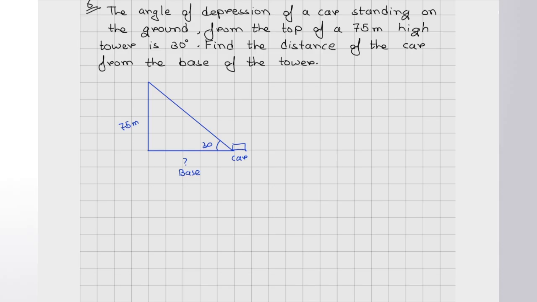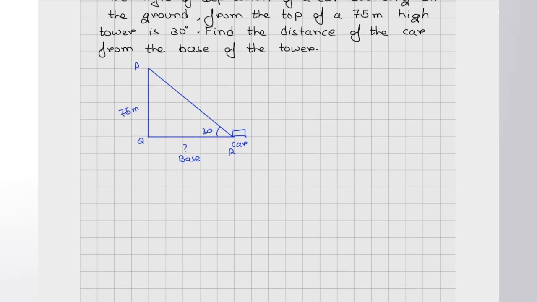Let us name our triangle PQR. Again, we know the opposite, we don't know the adjacent. So what will we use? We'll use tan again.